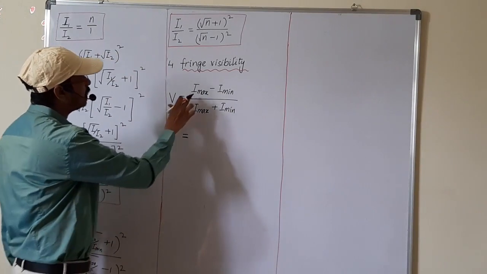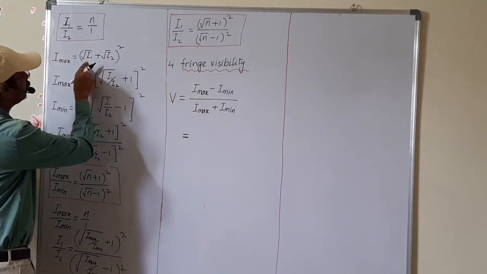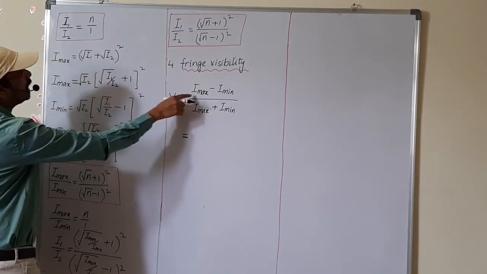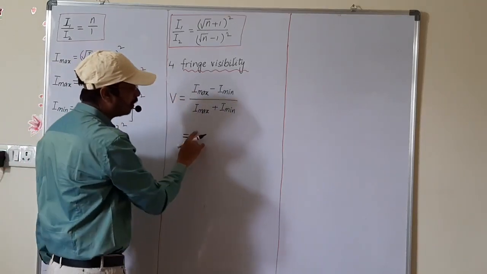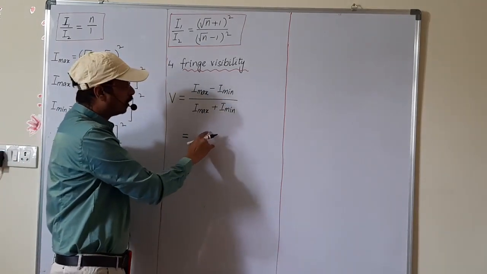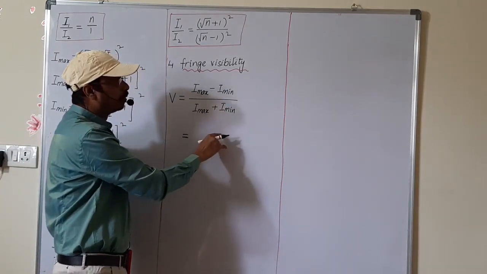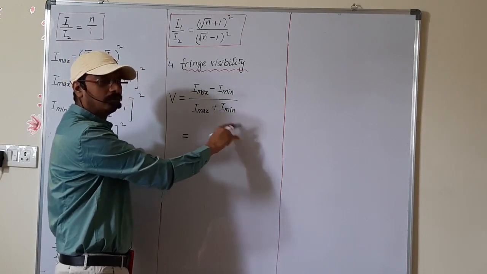If you substitute the I maximum value, I1 plus I2 plus 2 root I1 I2 we will get.